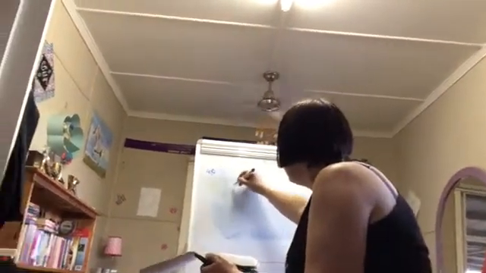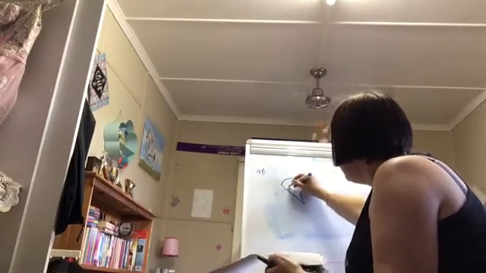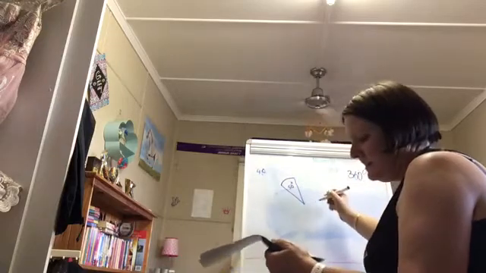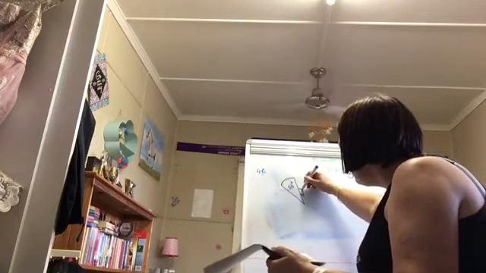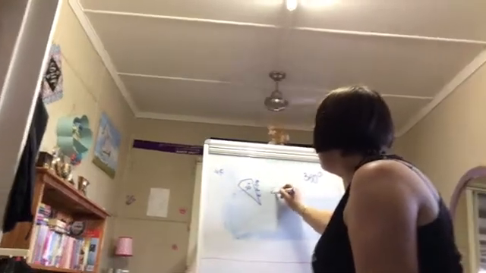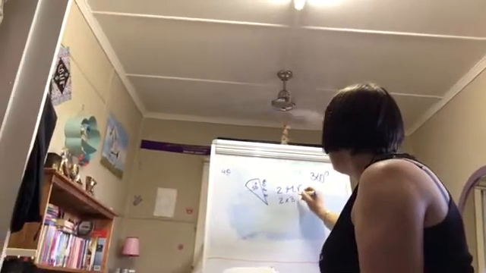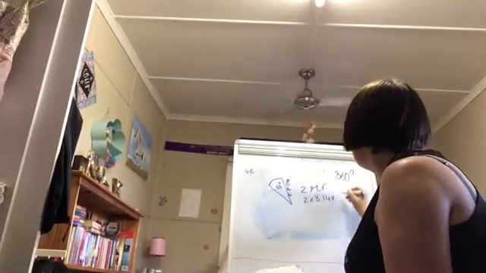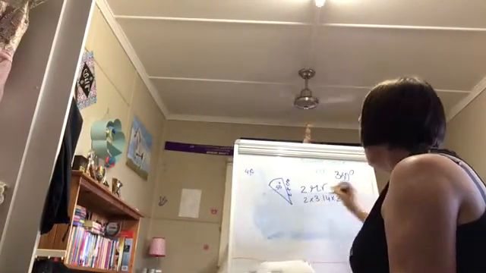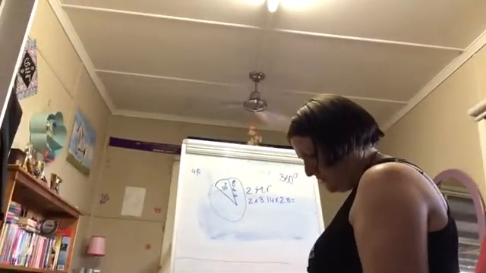This time we've got a segment of a circle, and it's telling me that it's 50 degrees, and it's giving me the radius as 2.8 centimetres. So I apply my formula 2 pi r. 2 times pi, 3.14, by the radius, which is 2.8. And that's going to give me the whole circle, alright? So let's work on that.